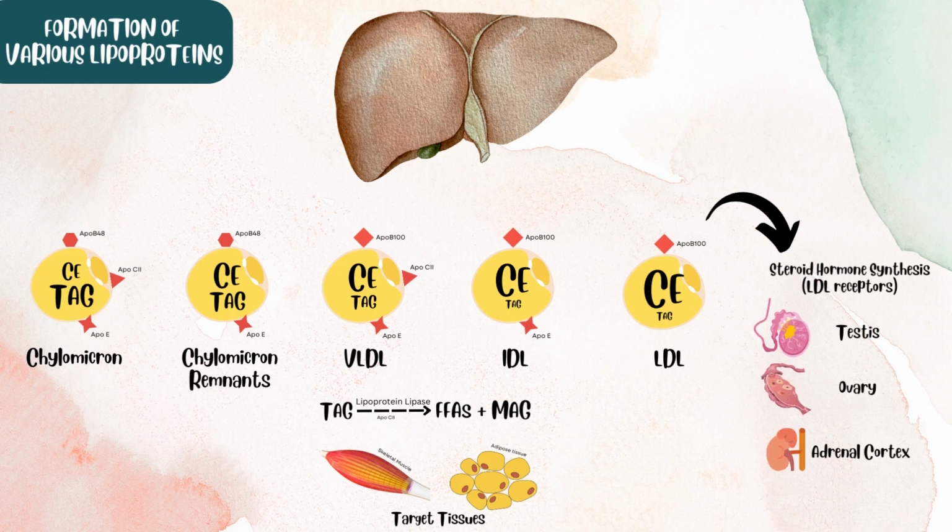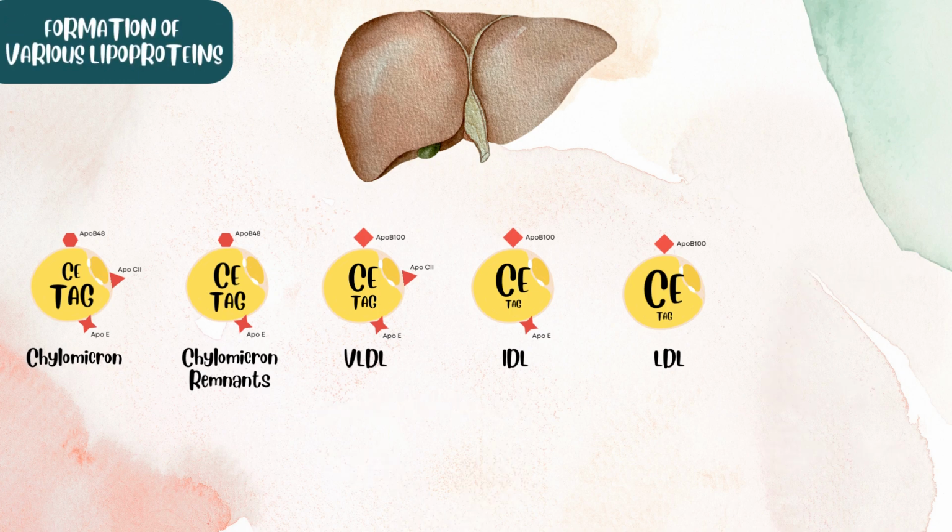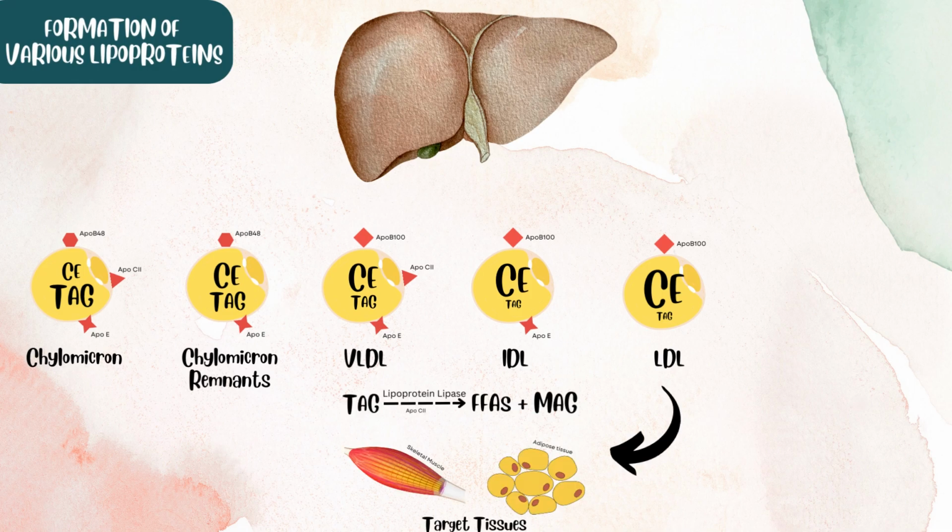LDL binds LDL-like receptors in the gonads for gonadal steroidogenesis and the adrenal cortex for adrenal steroidogenesis. LDL can also bind LDL receptors present in muscle and adipose tissue, where it can be taken up for further processing.